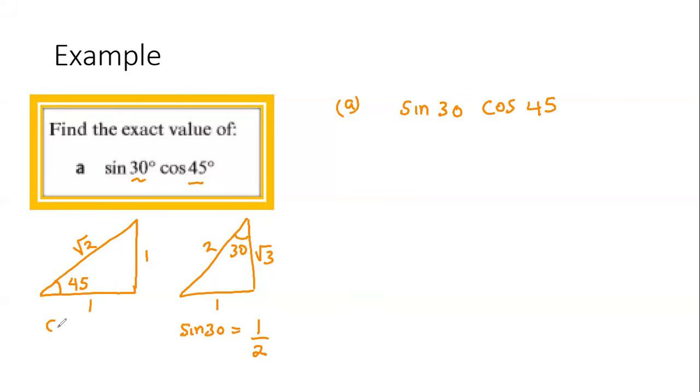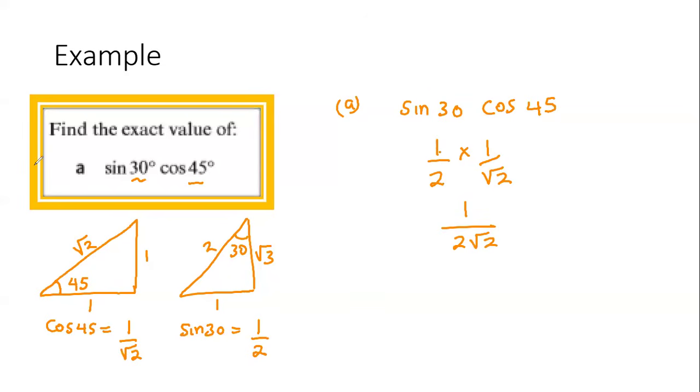Cos of 45 is given by adjacent out of hypotenuse. So you substitute in these values. Sine 30 is a half, times cos of 45, which is 1 out of root of 2. So 1 times 1 is 1, out of 2 times root of 2, which is 2 root of 2. You can continue from there.